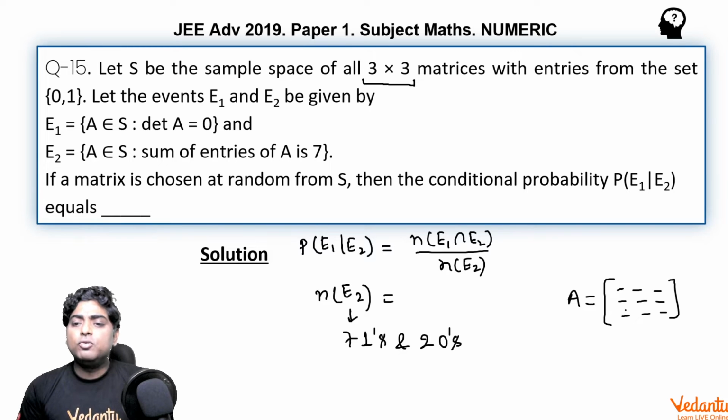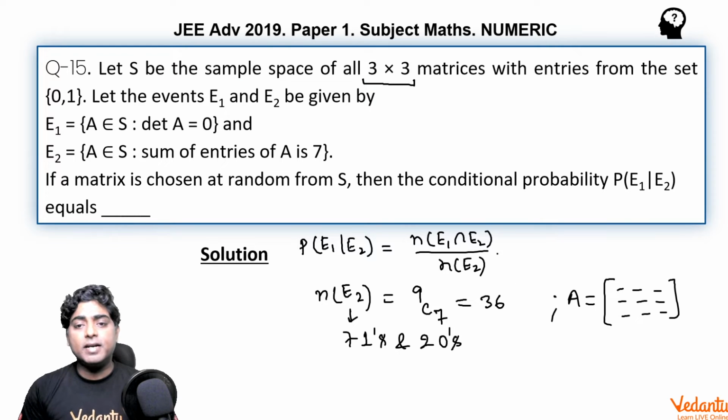Or you can find 2 places out of these 9 places where we will keep zeros. So in either way you can find this. We write 9C7 or 9C2. I am writing 9C7. So the value is 9 into 8 by 2, that is 36. So n of E2 is 36.